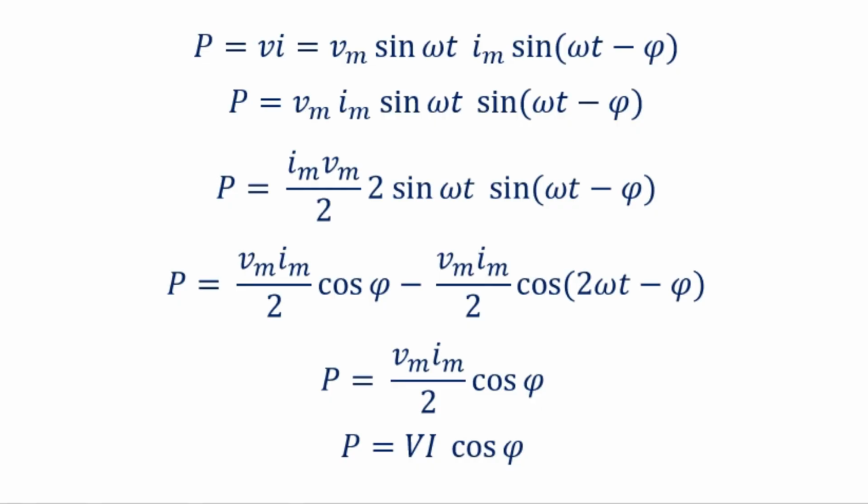Since the value of cos 2 omega t over a half cycle is 0, we can neglect this one and write power P equals Vm into Im by 2 cos phi. We can write it in terms of RMS values, where capital V represents Vm by root 2 and capital I represents Im by root 2. Therefore, P equals VI cos phi.